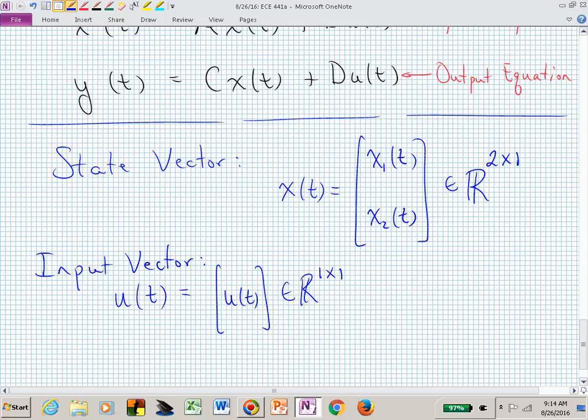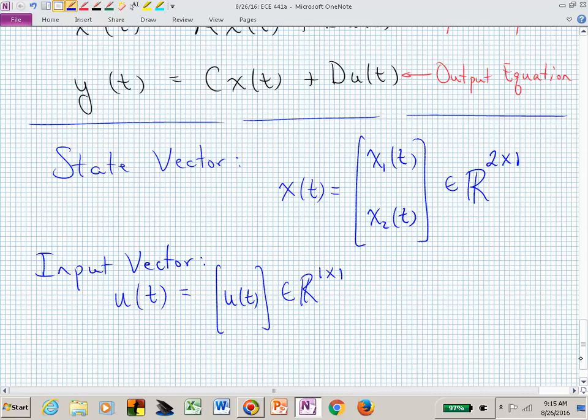This keeps us thinking about the generalized structure of this state space representation. You could have multiple inputs. It could have been a force here, a voltage here, another force somewhere else. We might have three separate independently adjustable inputs. Then our input vector would be u sub 1, u sub 2, and u sub 3, and it would be 3 by 1.